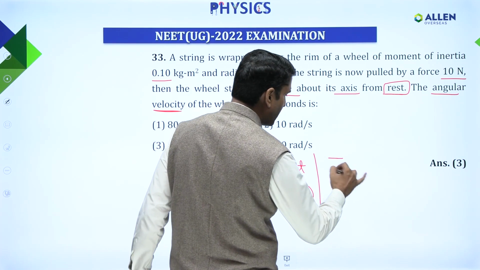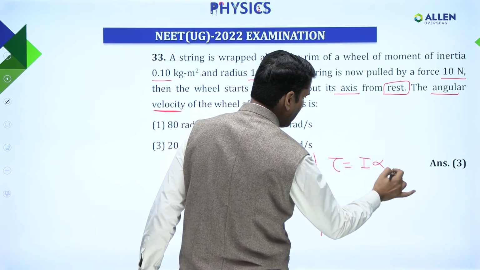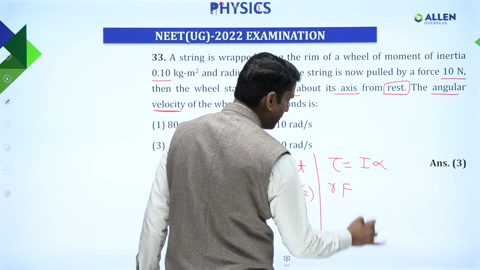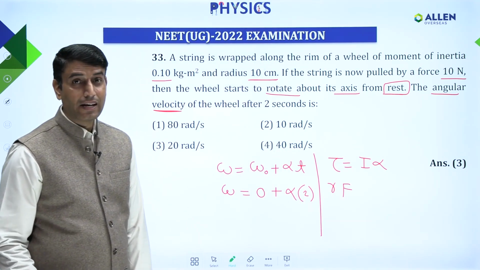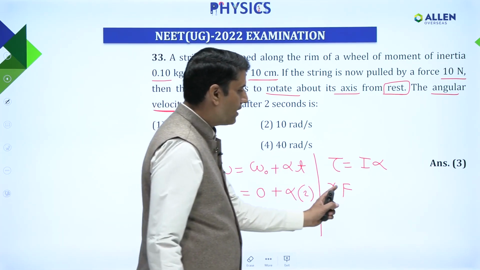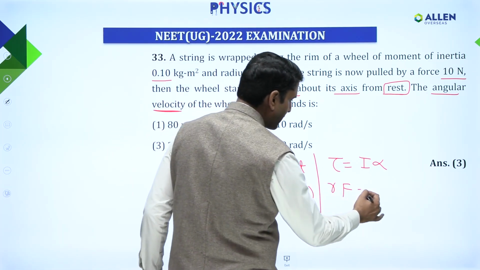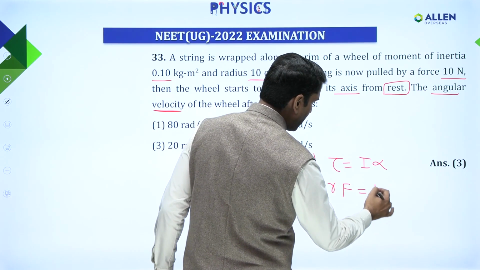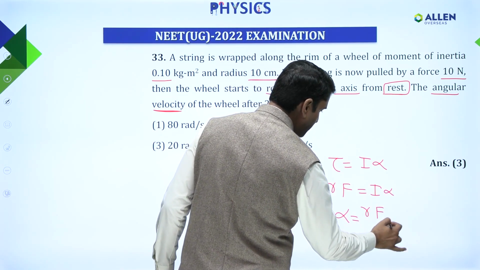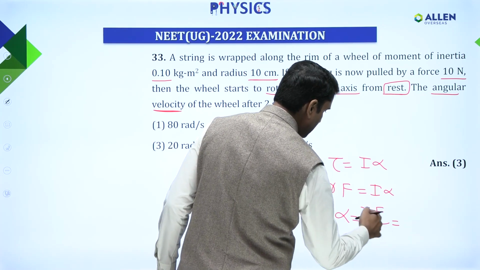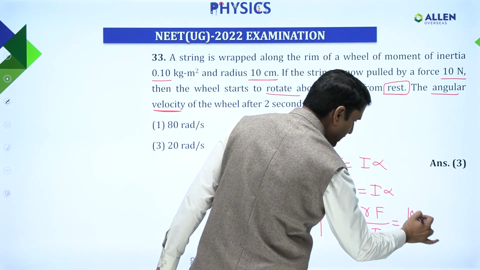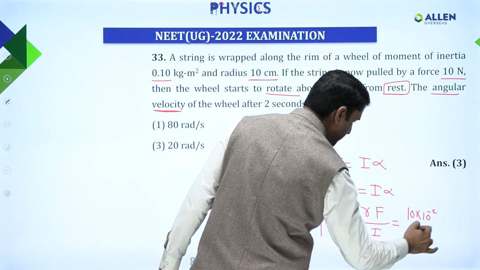As we know, tau is equal to I alpha. Tau would be r into f. Sine 90 would come, and that would be 1. That's why I am writing here r into f directly. I, and this is alpha. So alpha would be rf upon I. Value of r is 10 centimeter, so it would be 10 into 10 raised to minus 2 meter.